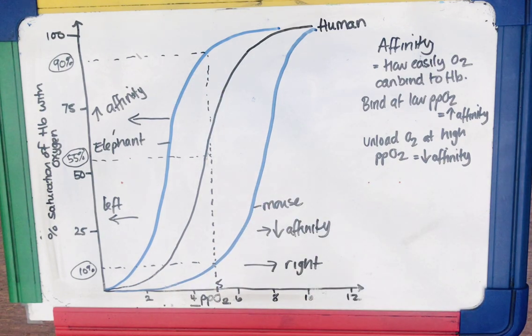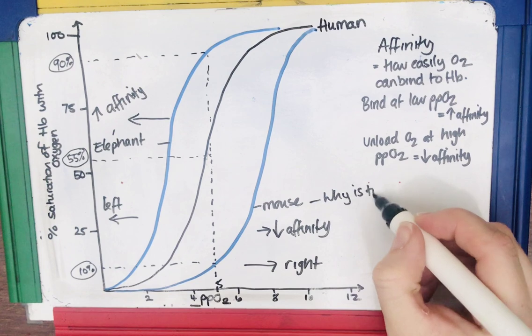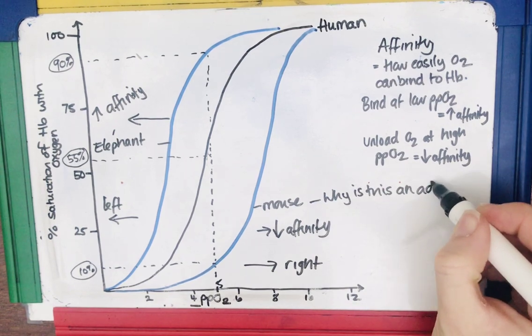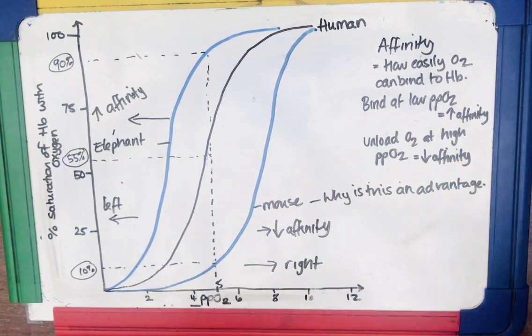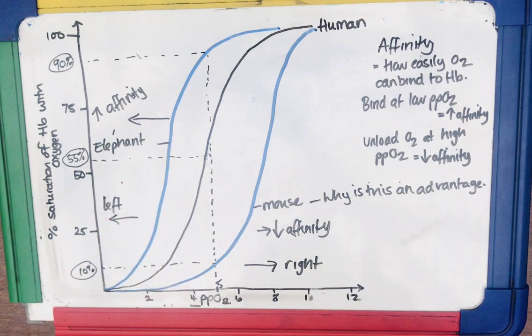Okay, why is that an advantage for a mouse to have low affinity? Well, what do we know about mice? This is what you need to do when you come to application questions. Mice are small, they're warm-blooded, as are elephants and humans. They've got a very large surface area to volume ratio.